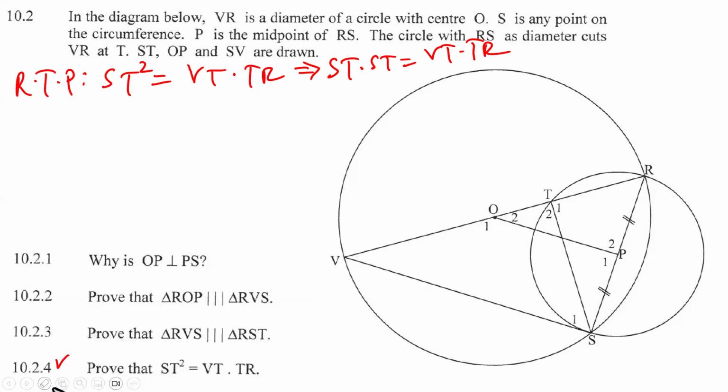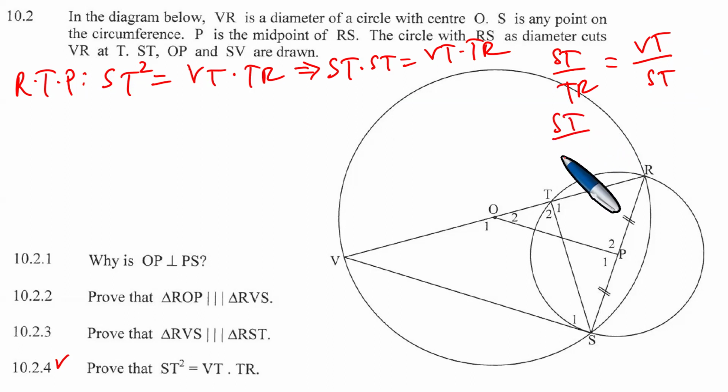For instance, if you take ST over TR is equal to ST over VT, or you take ST over VT, you can divide by VT here, so that it is equal to TR over ST.